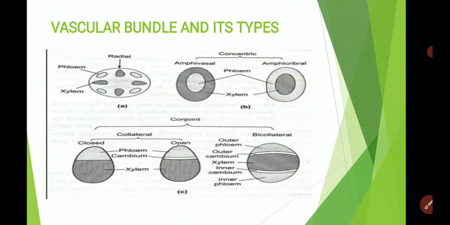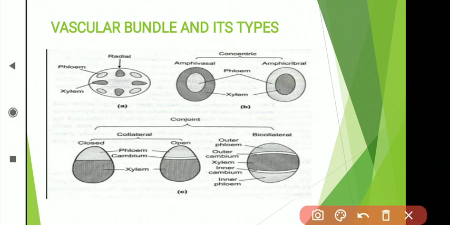Depending on their pattern of arrangement there are different types of vascular bundle. For example, first the radial type, secondly the concentric type, and thirdly conjoint vascular bundles. Now let's start with the first type, that is the radial type of vascular bundle.